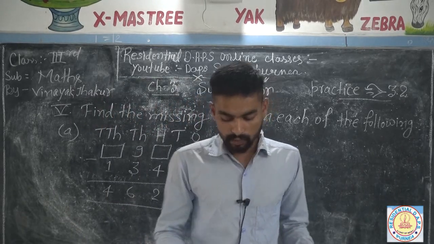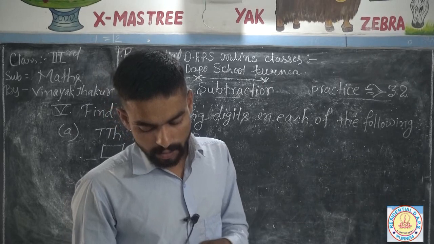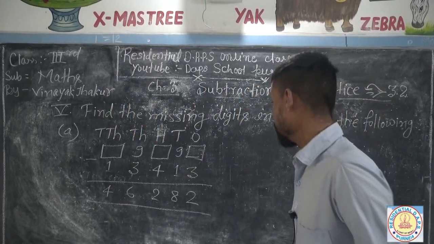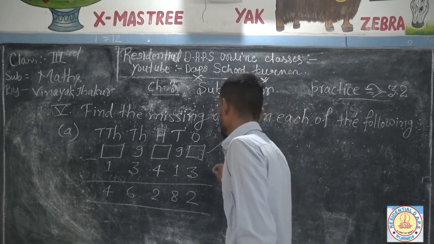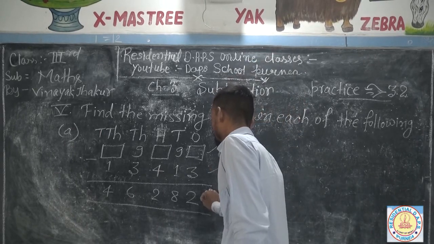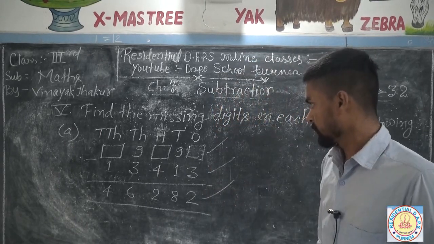So guys, if you find the missing digits in the minuend, this is said to be the minuend, this is the subtrahend, and this is the difference.